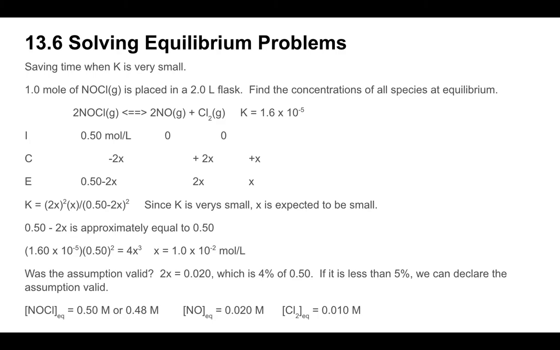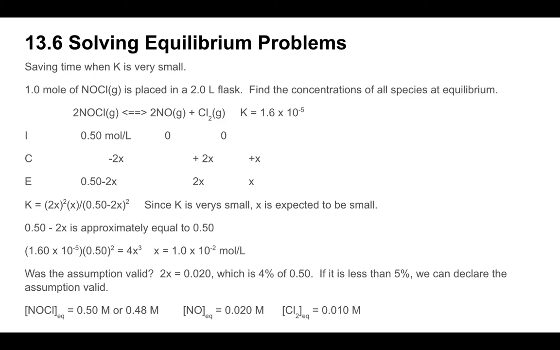So now, if x is very small, 0.5 minus 2x is really going to be pretty close to 0.5. So if 0.5 minus 2x can be approximated as 0.5, now my algebra becomes much simpler. I can plug in 0.5 on the bottom instead of 0.5 minus 2x.